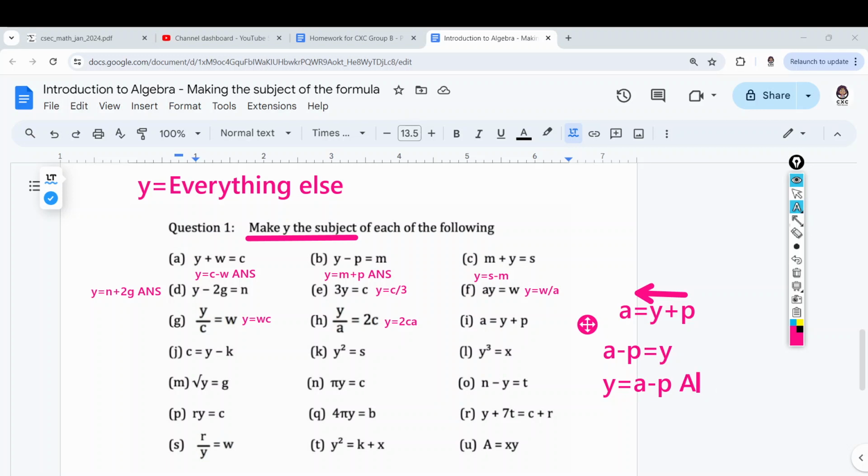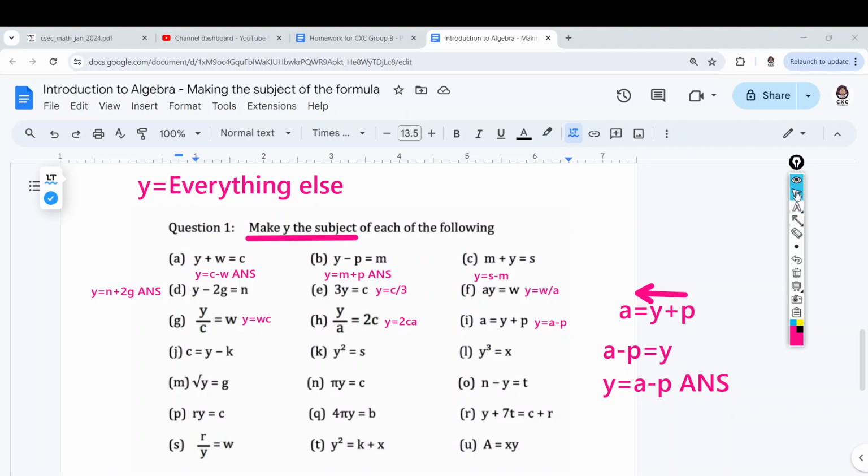Correct? Alright, guys. So let's just put that right here then. It's Y is equal to A minus P.